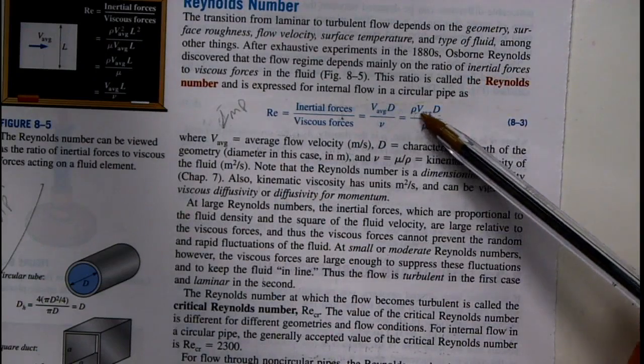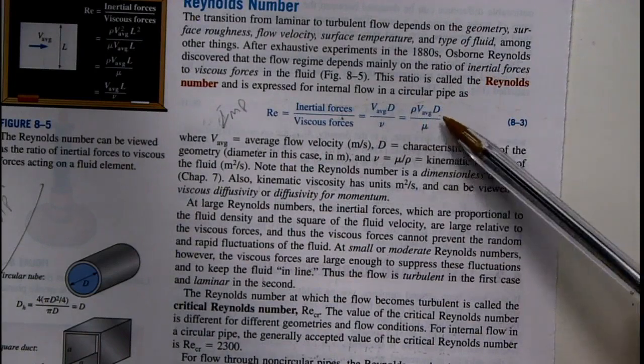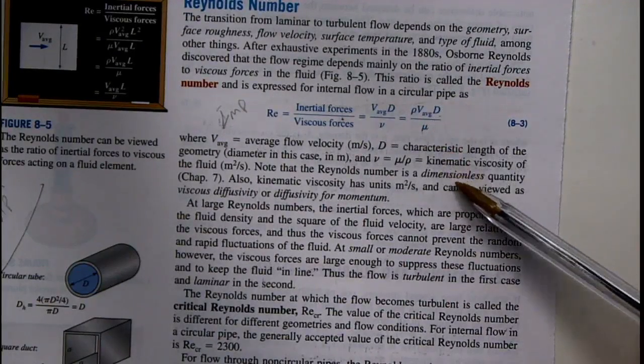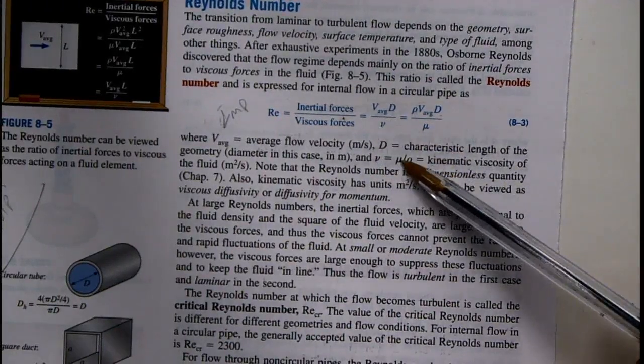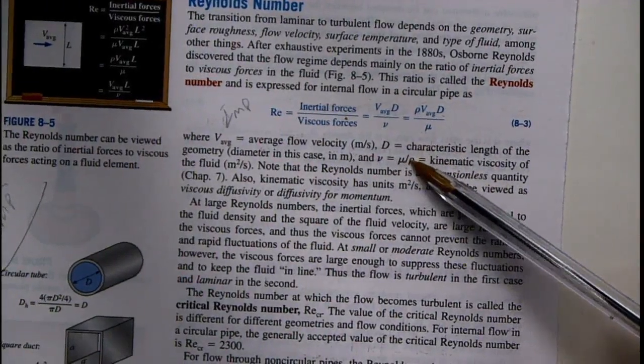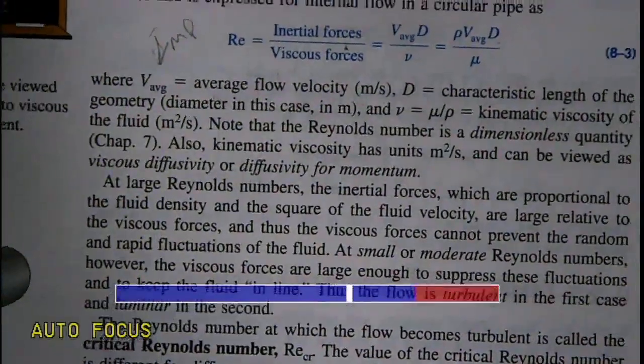You got density and viscosity. This is a true viscosity, the absolute viscosity, average velocity times the diameter. You can rewrite it in terms of kinematic viscosity, and kinematic viscosity is just viscosity divided by density.